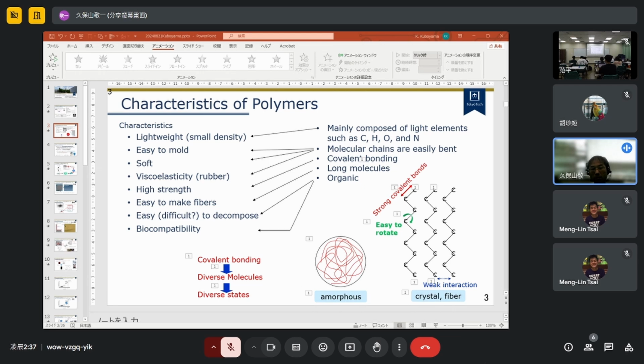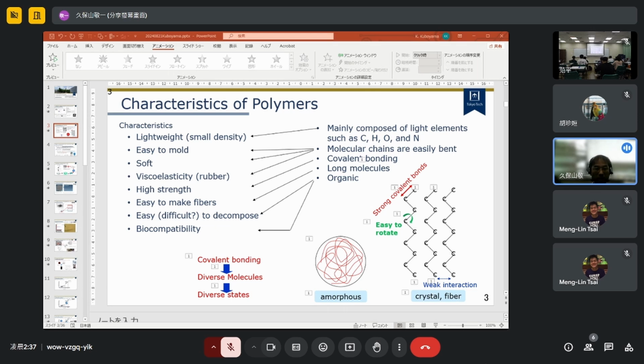Maybe all of you are familiar with polyethylene, because it is used as bottle caps, plastic bags, plastic buckets, and so on. The chemical structure is like this, but the actual polymer is three-dimensional, not two-dimensional.